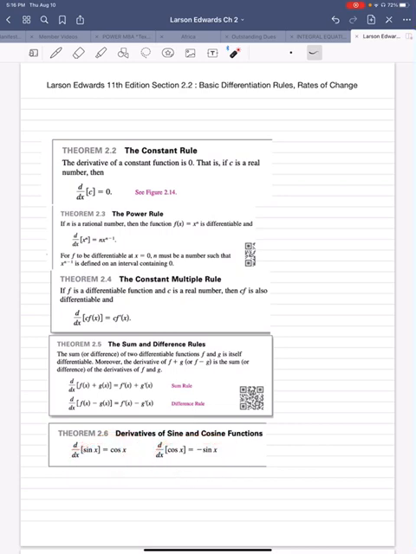To be honest, at this stage, since these rules are so new to you, it would be best to just memorize these. If you need to use flashcards, then go ahead and use those. The derivative of sine of x is cosine of x. The derivative of cosine is minus sine of x. Just get familiar with those because they're going to come up quite a bit. Maybe just by using them a bunch, you'll commit them to memory over time.